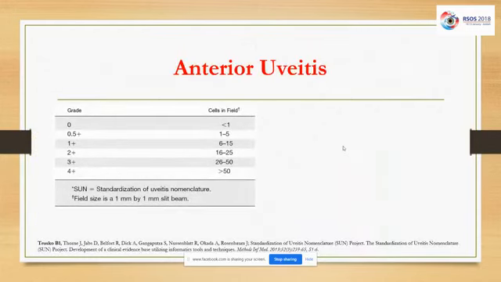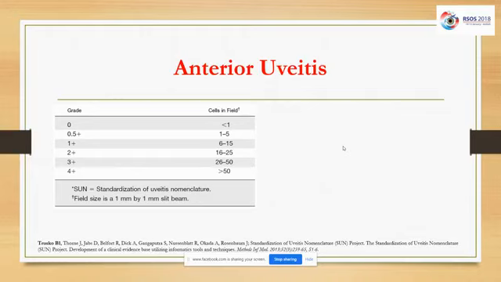The anterior uveitis. So again, just to standardize how to describe the anterior uveitis, it's very important to grade the cells and to grade the flare in the anterior inflammation. If the cells are less than 1, so you cannot find any cell, it will be grade 0.